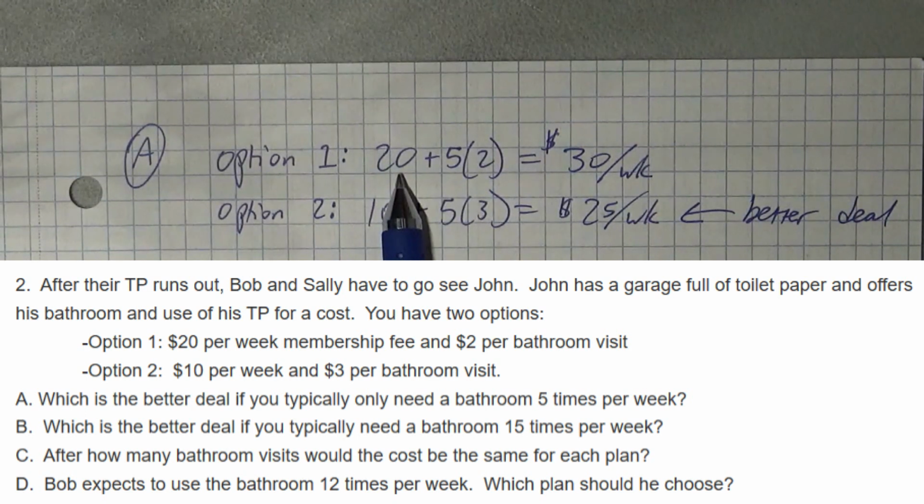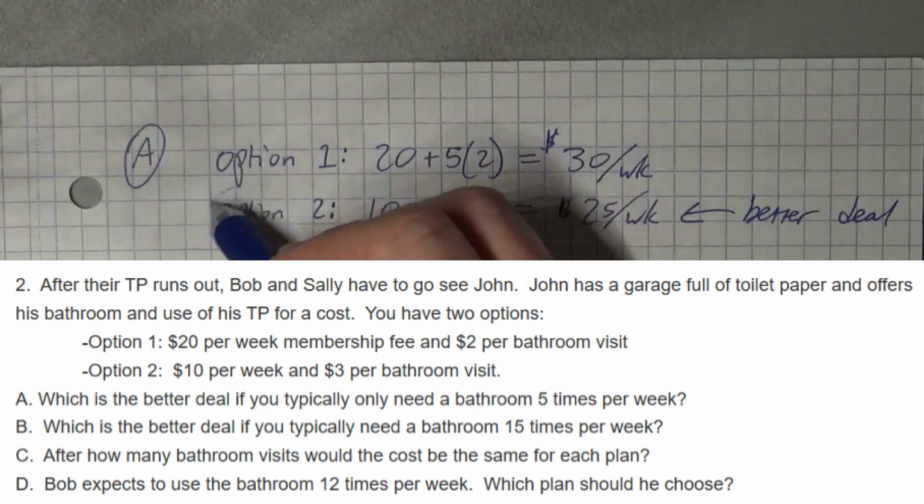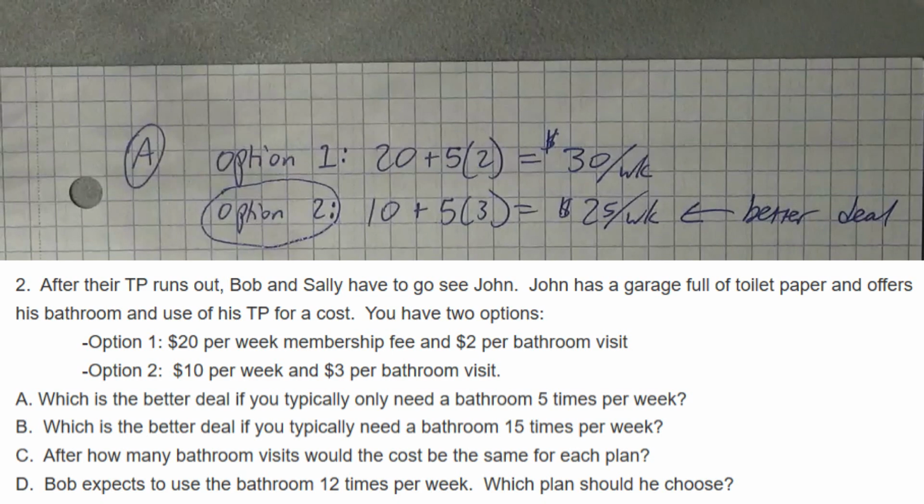Well, $20 a week plus 5 times $2, you end up with $30 total for the week. Option 2, a $10 fee for the week plus 5 times $3 per visit, you end up with a total charge of $25 per week. Option 2 is the better deal if you only need to use the bathroom 5 times per week.